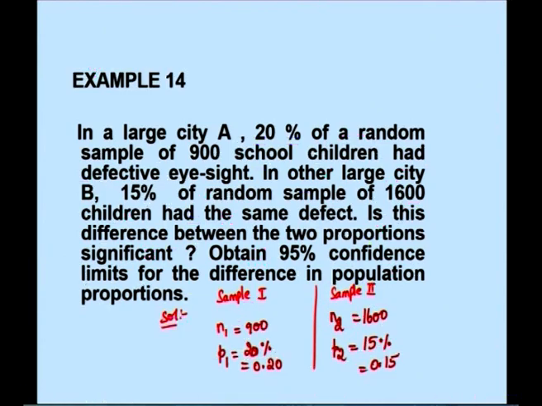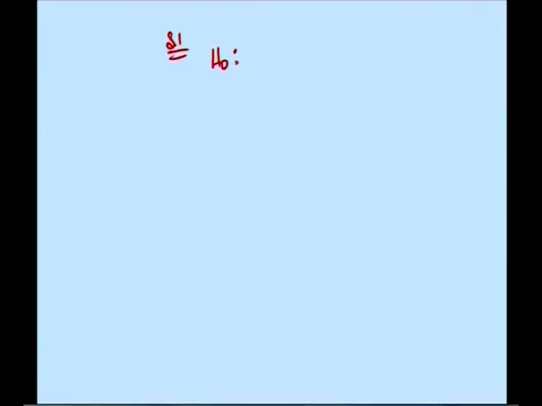Next, we will start the procedure for testing of significance. Step 1: set up the null hypothesis as capital P1 is equal to capital P2. That is, there is no difference between city A and city B as regards the children with eye defect.